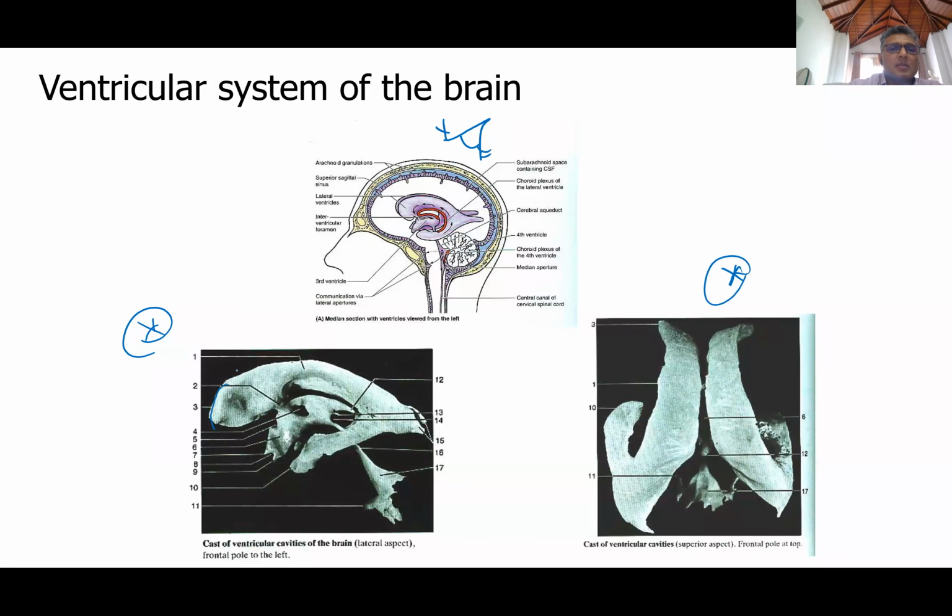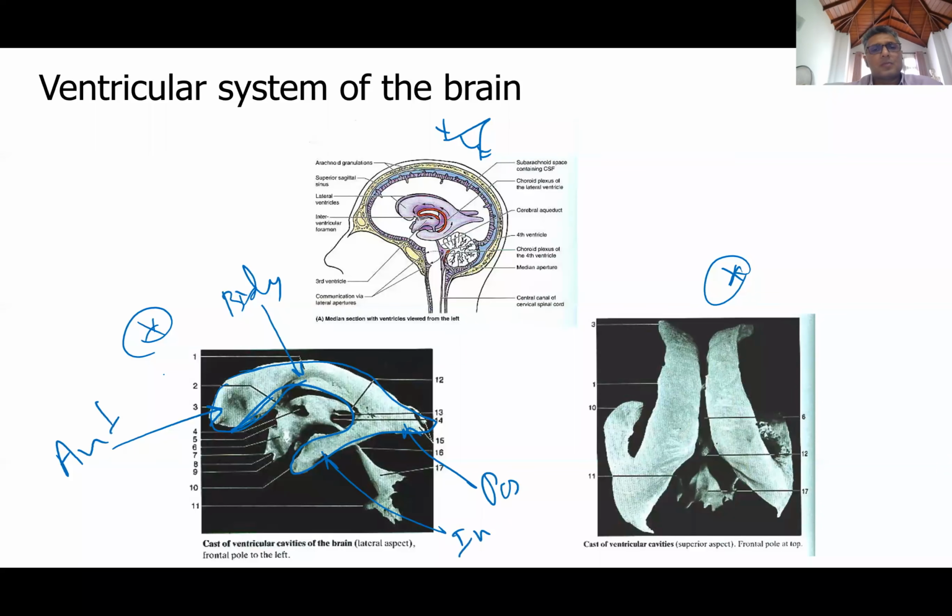This is inside the cerebral hemisphere. So if I draw it, this whole thing is the lateral ventricle. So it has an anterior horn, a body, a posterior horn, and an inferior horn.